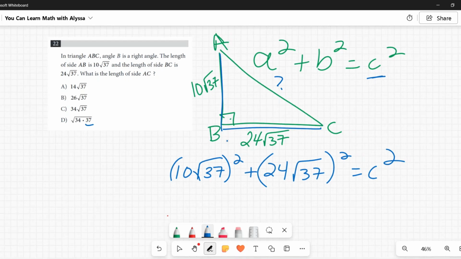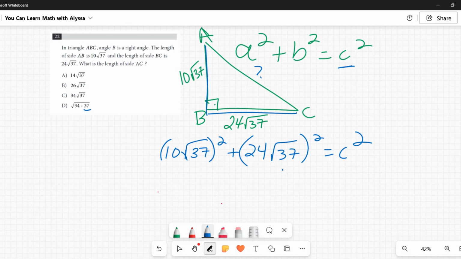Okay, you go back to this point where it's a squared plus b squared equals c squared. And you can look at this as you are pulling greatest common factors out. So this first one right here, 10 times square root of 37 squared, is, as we stated before, 10 times square root of 37 times square root of 37.